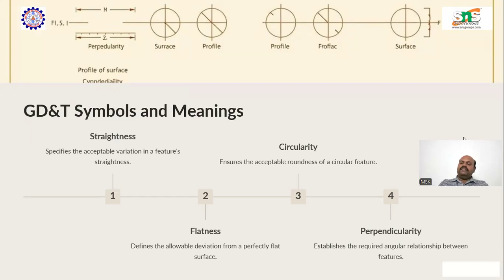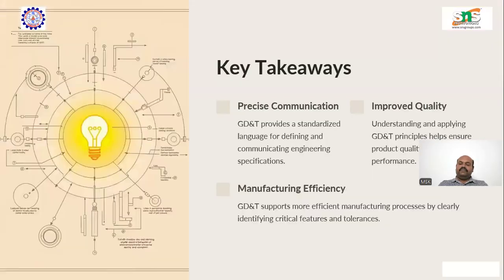When the line is straight, we have a straightness symbol, and when the part has to be flat in a plane, we have a flatness symbol. If there are two diameters and both have the circular reference at the same center, we call it circularity. And when two lines are inclined at 90 degrees, we call it perpendicularity, right?